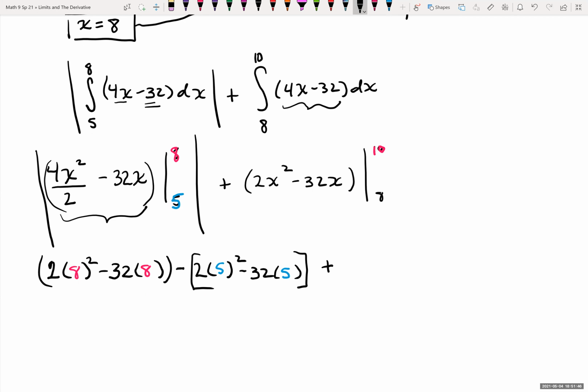Plus, now let's go back in and plug in our upper bound 10.